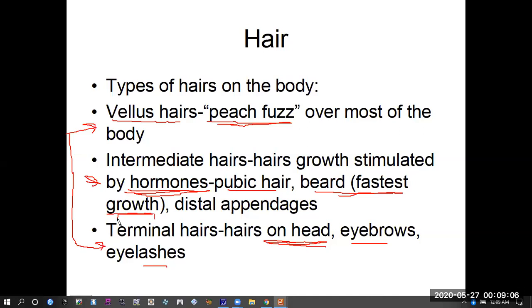So a good example, you can think of a little baby boy. Of course, very early in life, the development of terminal hair on the scalp, eyebrows, eyelashes, and fine little vellus hairs all around. And as that baby boy ages and matures and testosterone levels rise, decades later, this older man now has pubic hair and facial hair and chest hair and back hair, again showing that change of hormones and the development of intermediate hair in many areas of the body.